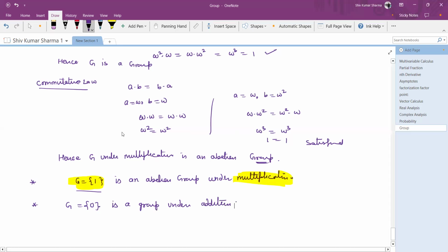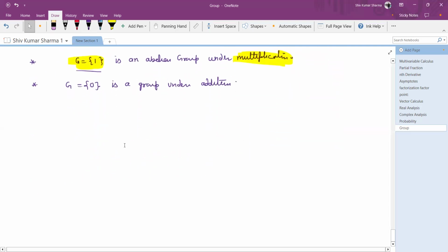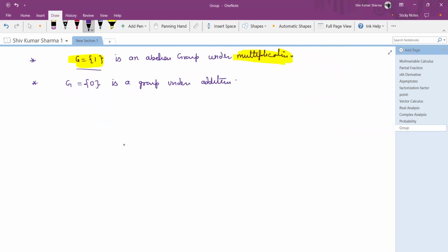Now we move to the next example. This is a very important example, we will use it in various cases. Prove that G is equal to {1, minus 1, iota, minus iota} is an abelian group under multiplication.